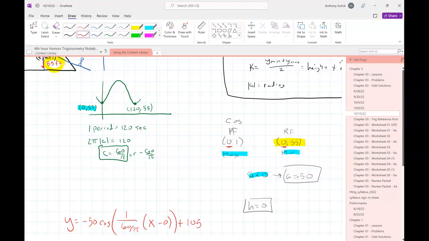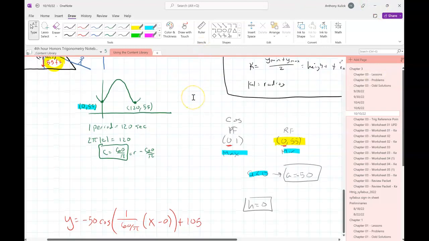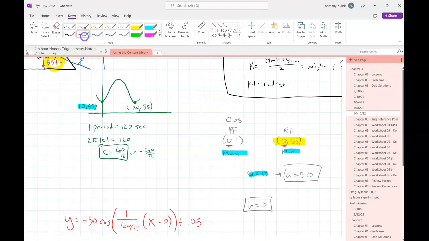Did I read this wrong? Yeah, I did. Okay. So Mr. Kulik made a little boo-boo here. May I point something out to you? It's a reading comprehension boo-boo, which is the worst kind of boo-boo.